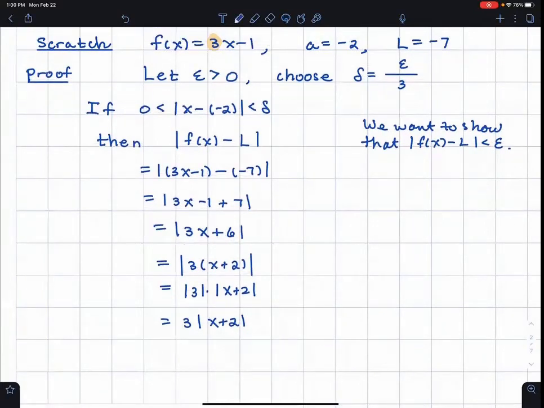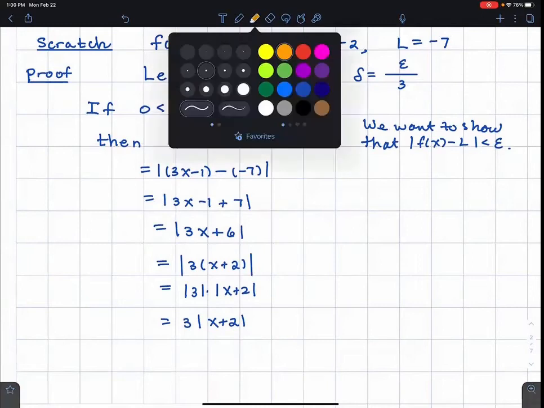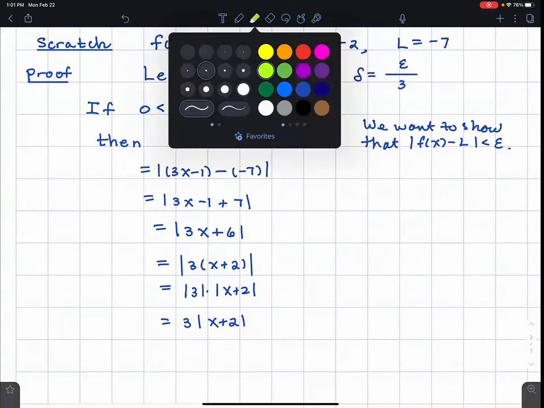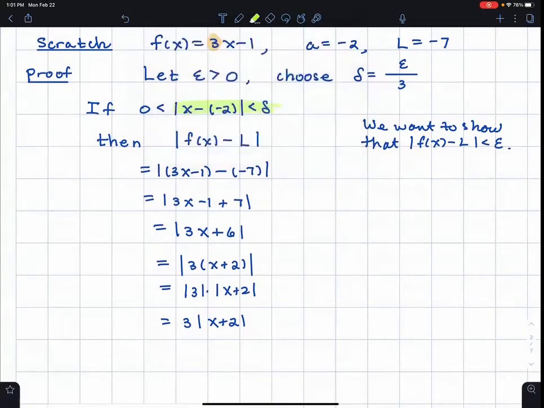Okay, and then from above, the absolute value of x minus -2 means the absolute value of x plus 2 is less than delta.